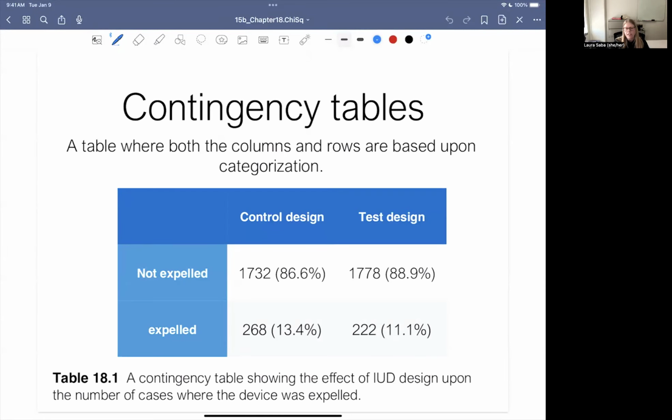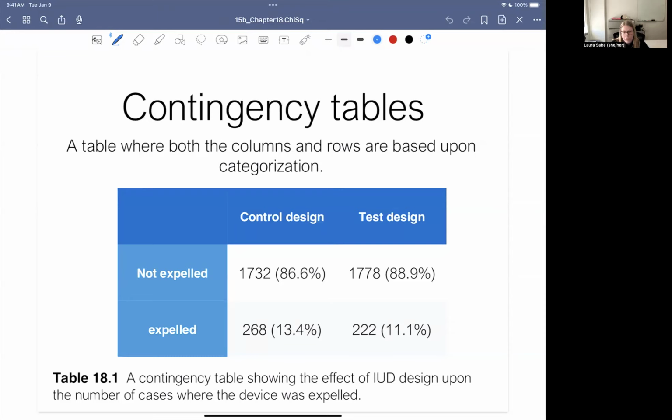In a contingency table, our example here is a new test design for an IUD, and we're observing how many in each the control design and the test design are spontaneously expelled. This is a negative outcome with an IUD.